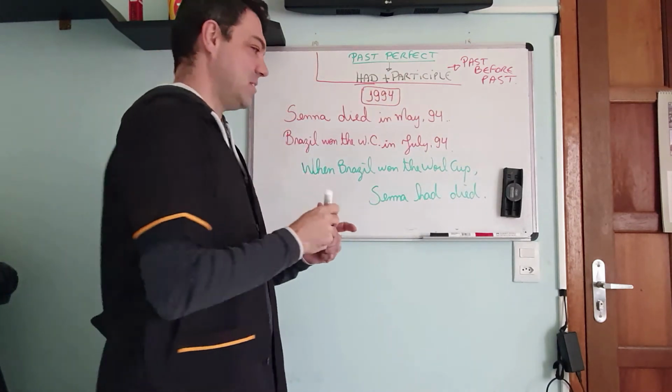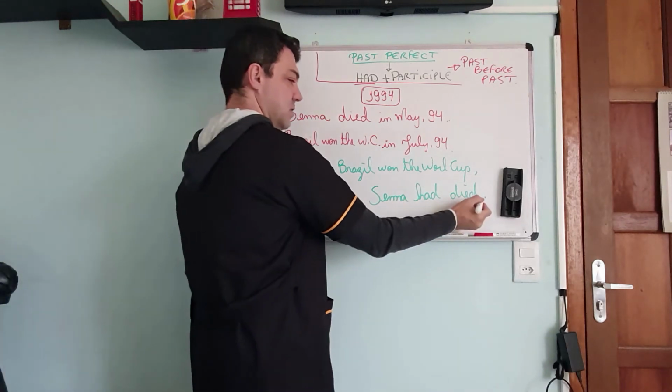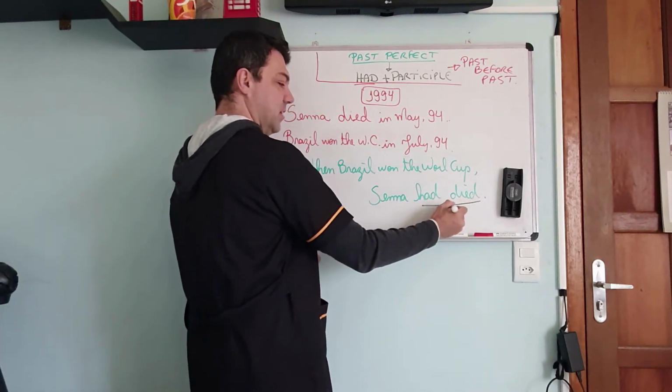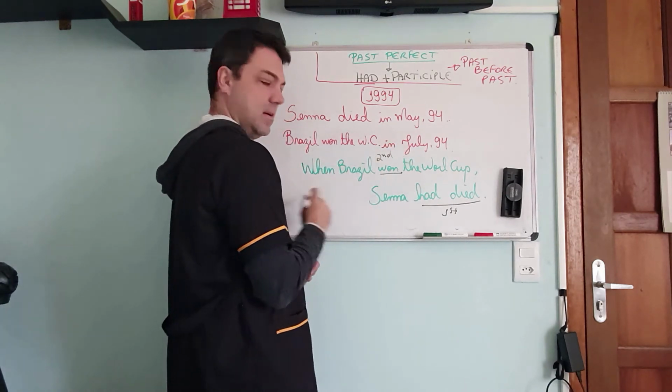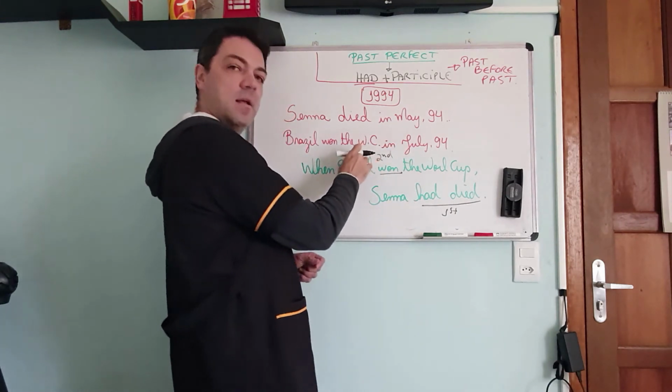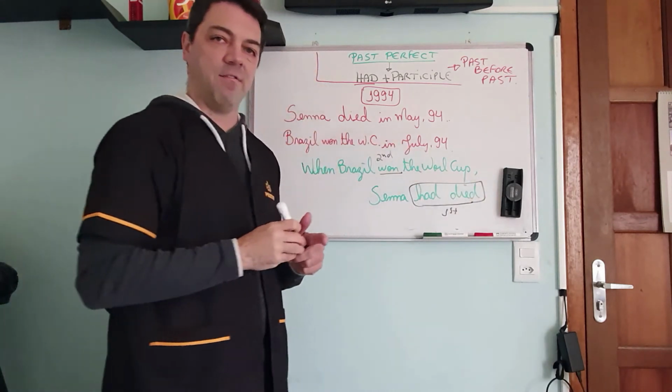Yeah, and that's what you have when we talk about sequence of events. So Senna died first, Brazil won second. Senna died before Brazil won, and here we have the past perfect.